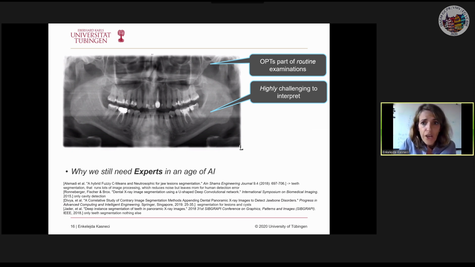What you see here are so-called OPT images. This is a whole panoramic radiograph of the whole mouth, which can be of valuable information to not only detect diseases related to the teeth, but also so-called second-order diseases, even such as cancer, for example, right?